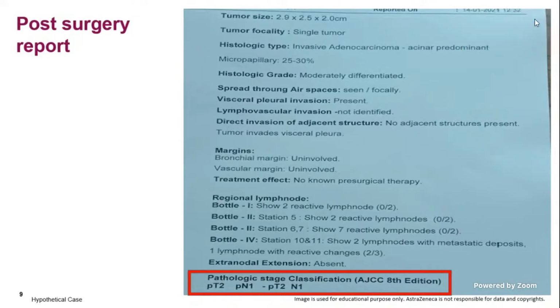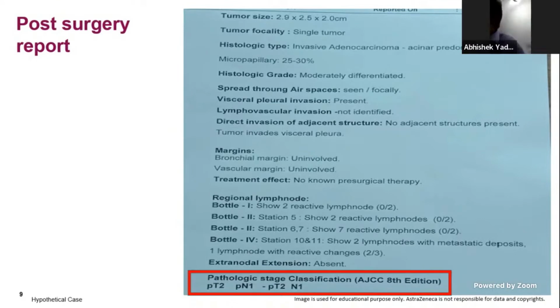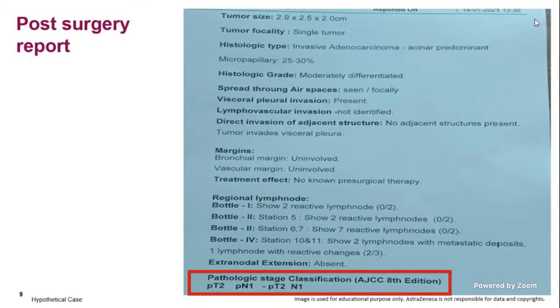So in lung cancer, at least 10 lymph nodes have to be present in the specimen after lobectomy, and it should cover reasonably all the stations of the lymph nodes. So this looks like a reasonable lymph node dissection, covering station 5 to station 11 and more than 12 lymph nodes.